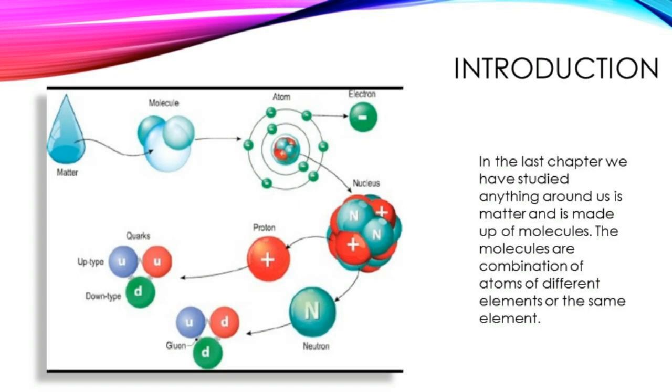Like all hadrons, that means all the subatomic particles, the proton and the neutron contain three quark particles plus the gluons, which are binding the quarks together.